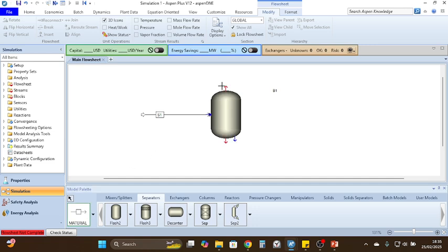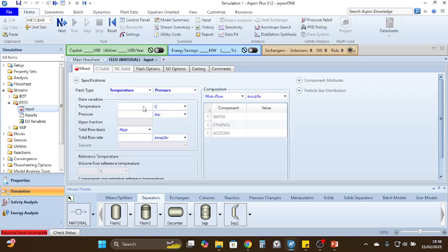So this is the flashing process that has been asked in the question. Next we need to specify the feed stream that is coming in.